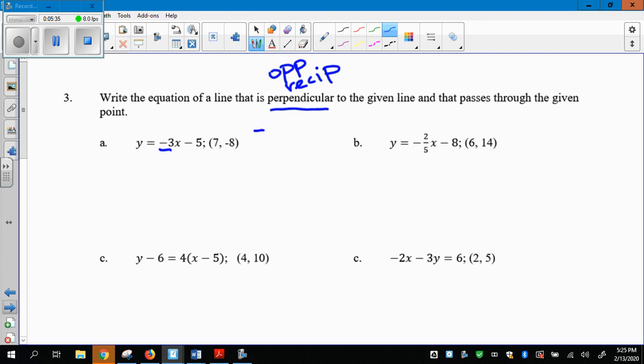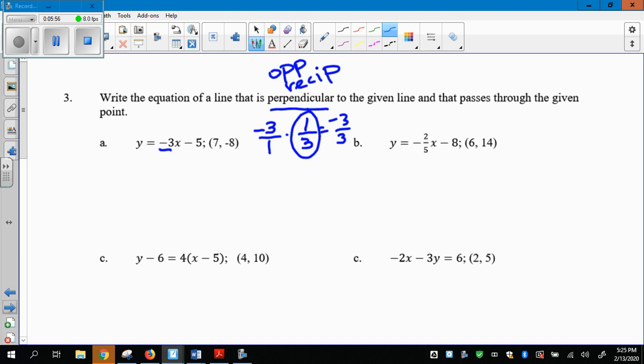The opposite reciprocal of -3, think of this as a fraction, -3/1. I'm going to flip it over and make it positive. Because remember, when we multiply those two, they have to equal -1, which they would. So the slope I need for this first problem is 1/3.